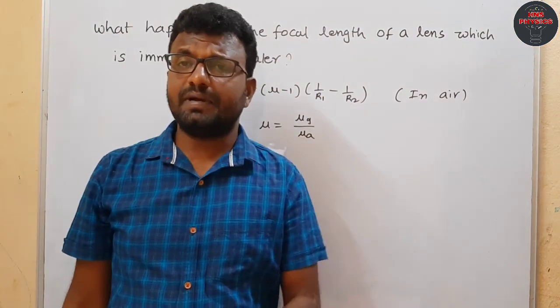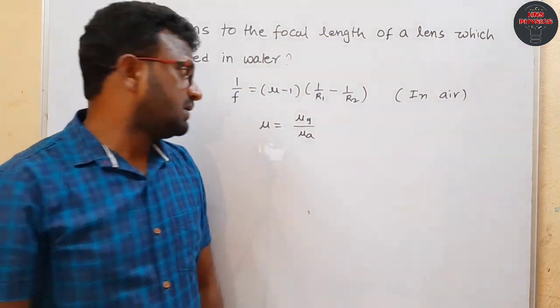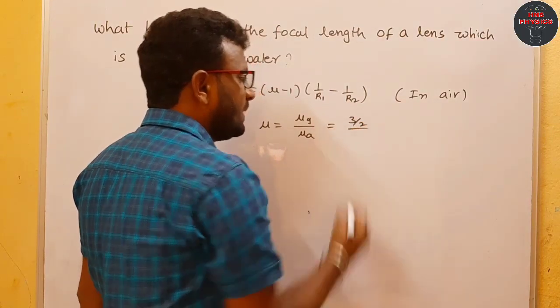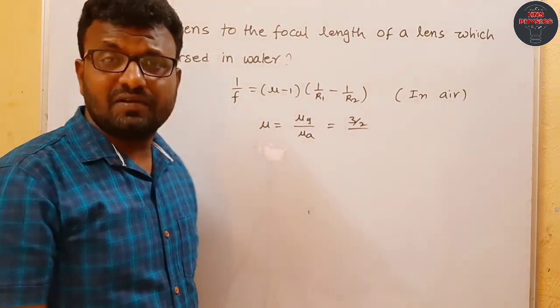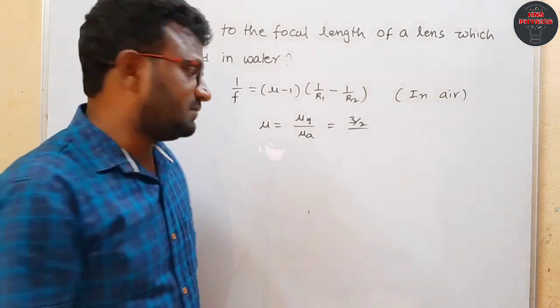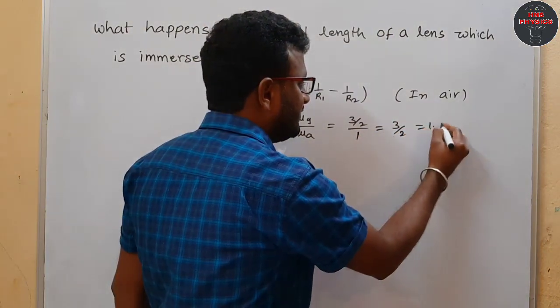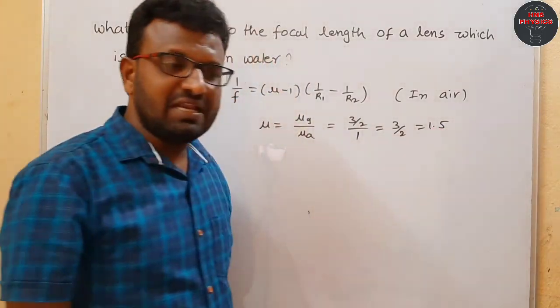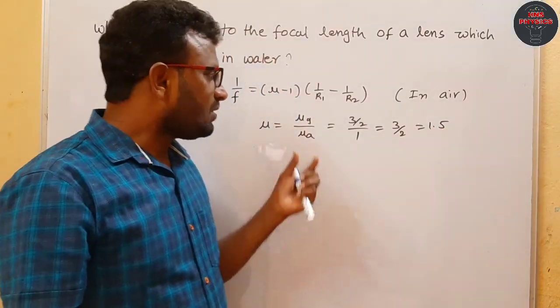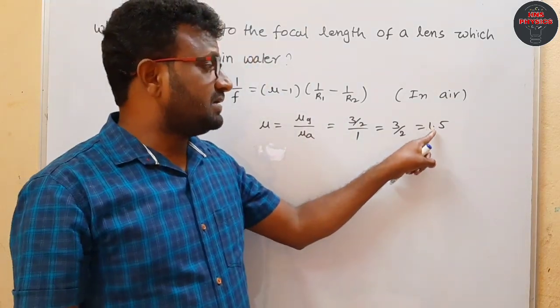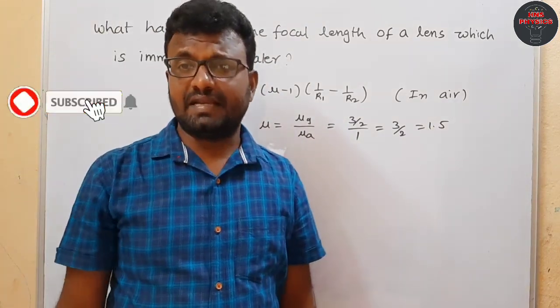What is the refractive index of glass here? 3 by 2, divided by refractive index of air, which is 1. So that is 3 by 2, finally you will get 1.5. The relative refractive index of glass is 1.5 when it is placed in air.